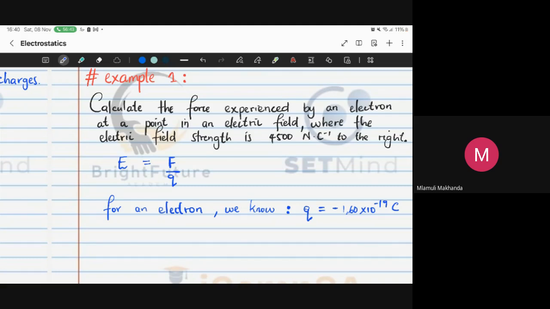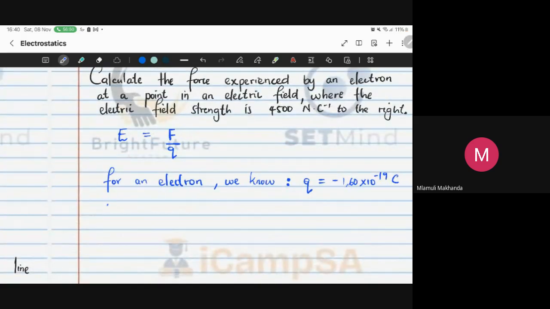However, when we substitute into the equation, we do not include the sign. So say therefore E, we know that E is 4,500.